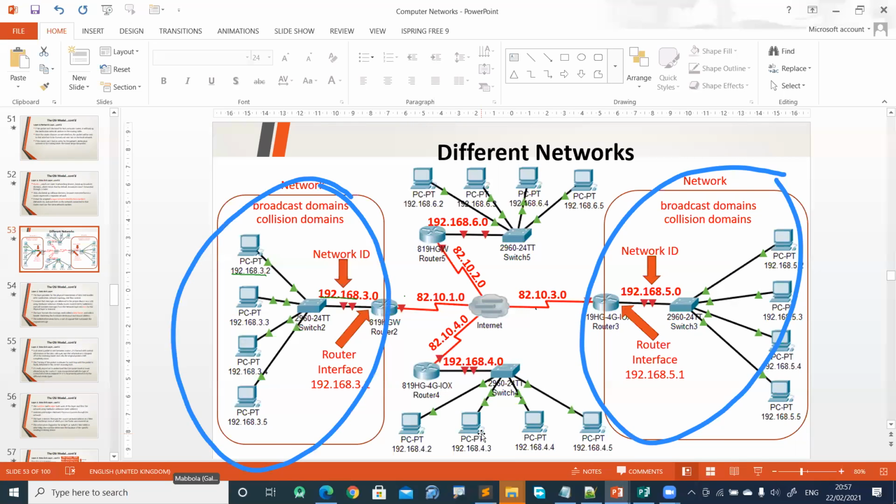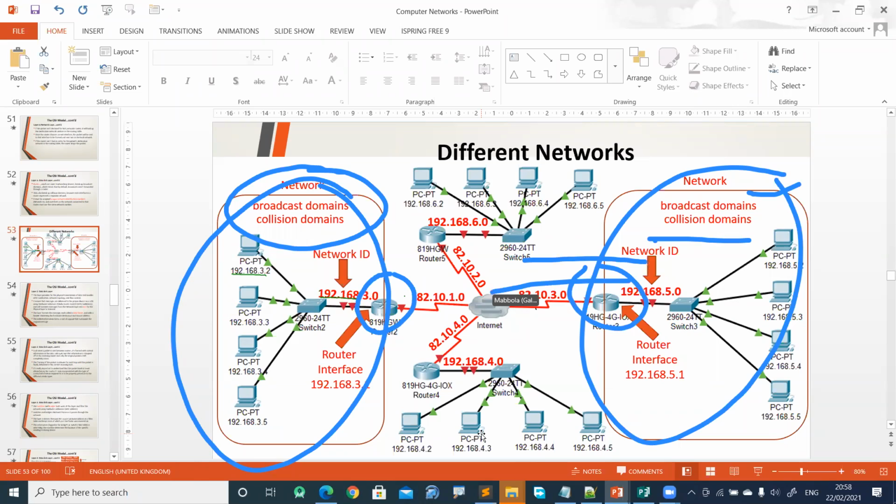We can see that there is a router. What does this router do? It keeps the broadcast domain here, and it also keeps the collision domain here. Similarly here, it also does those two functions. So the router's job is to break a broadcast domain so that broadcasts cannot go outside to the other network.